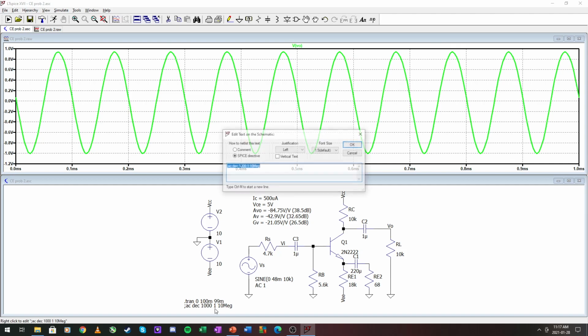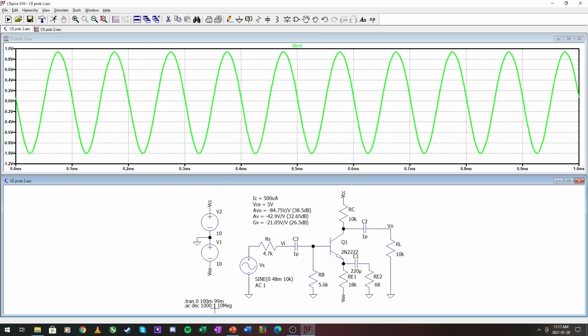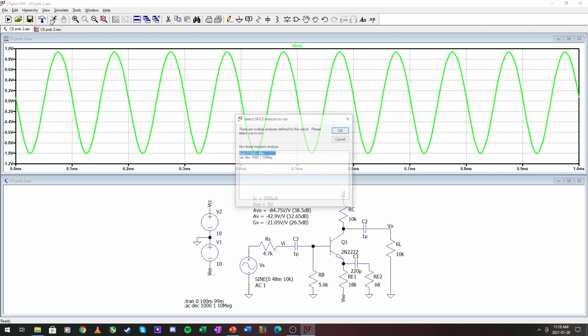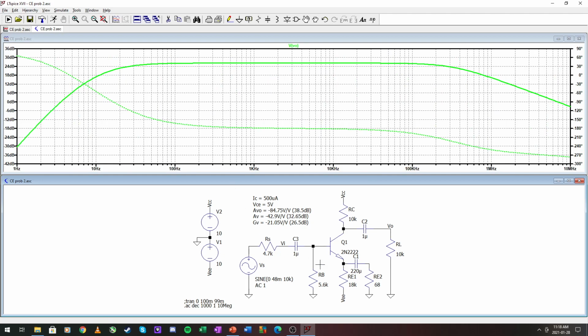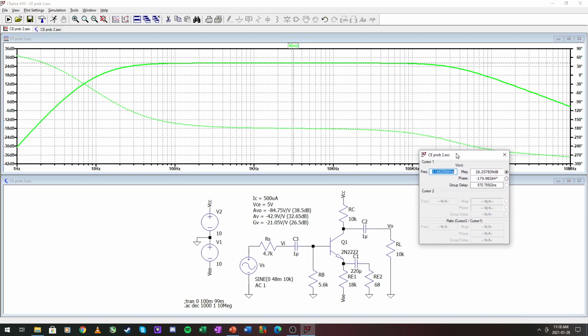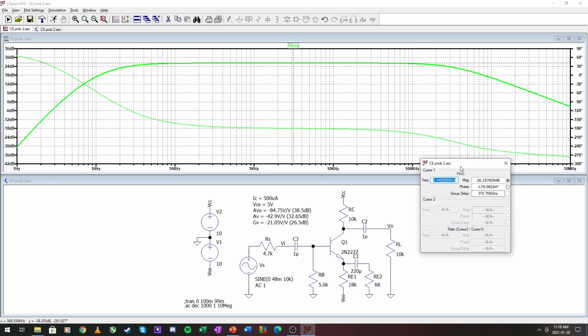Now on to the AC to check if our gains worked out correctly. This is the total gain that we are viewing, and it works out here in the center at 26.5 decibels, and that is almost spot on from our design.